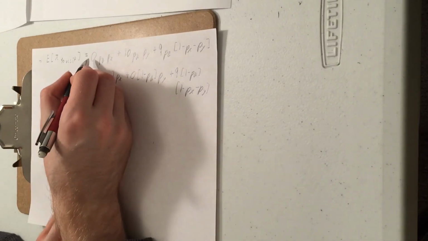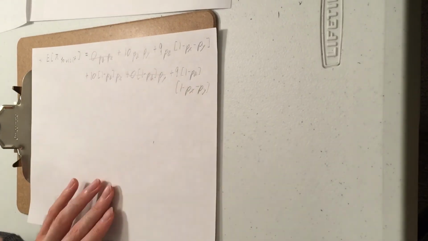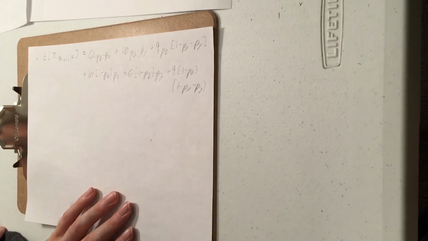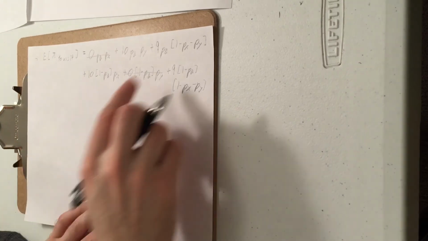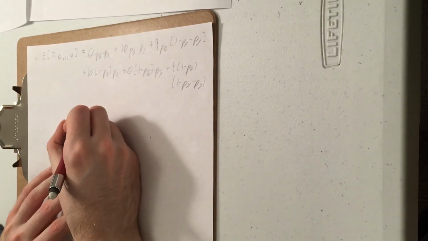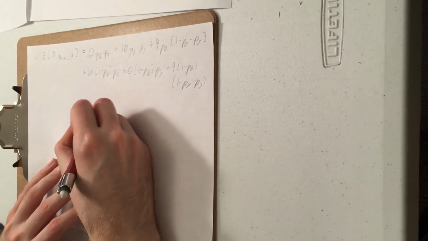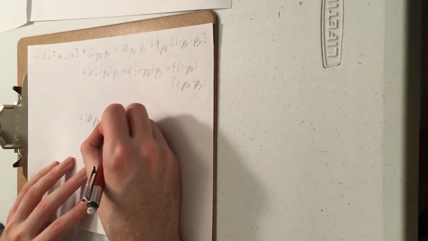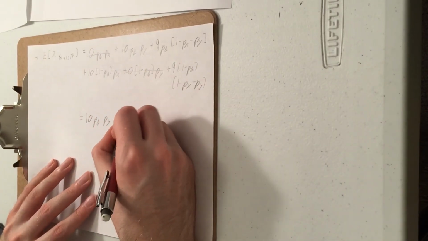Simplification. Zeros go away. What else can I do? I can start expanding stuff in the parentheses. So 10 PA PY plus 9 PA.